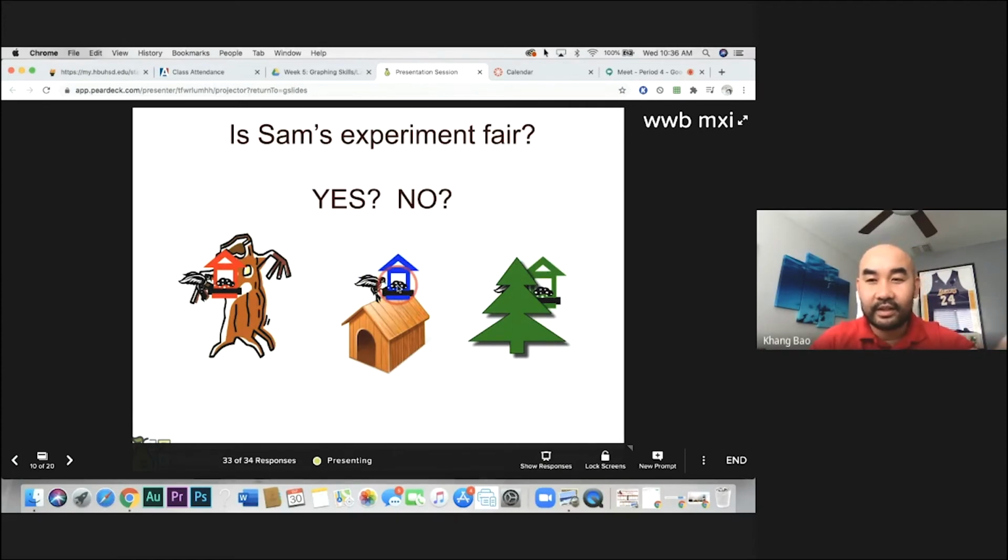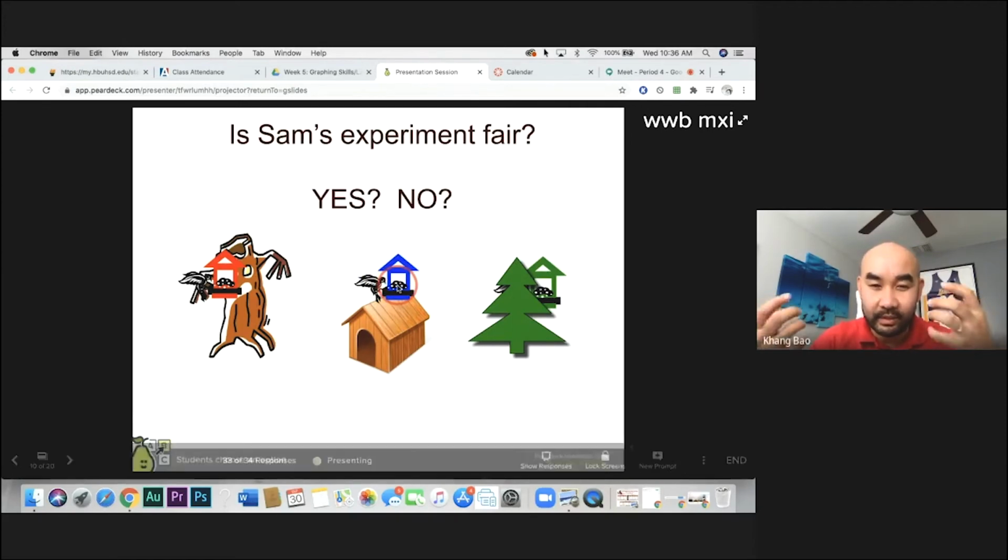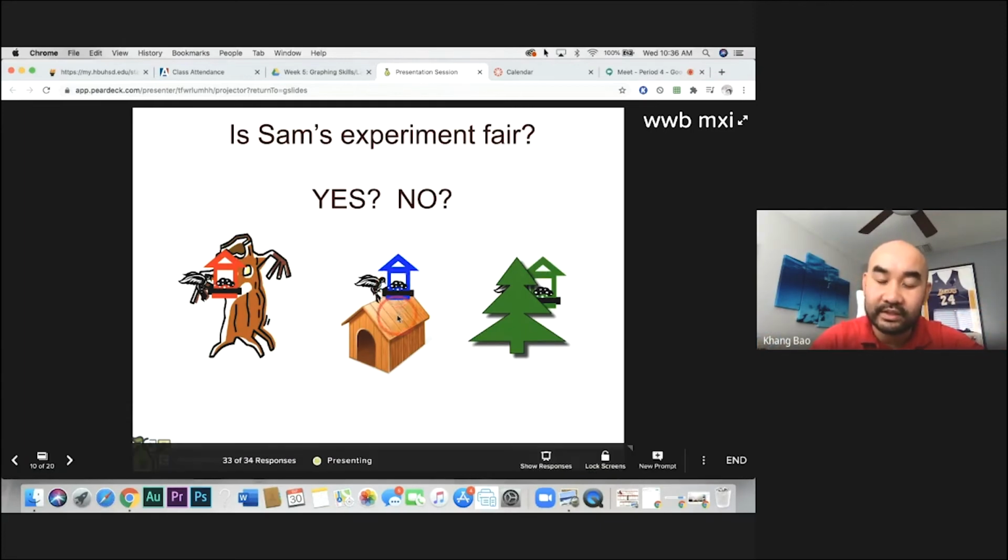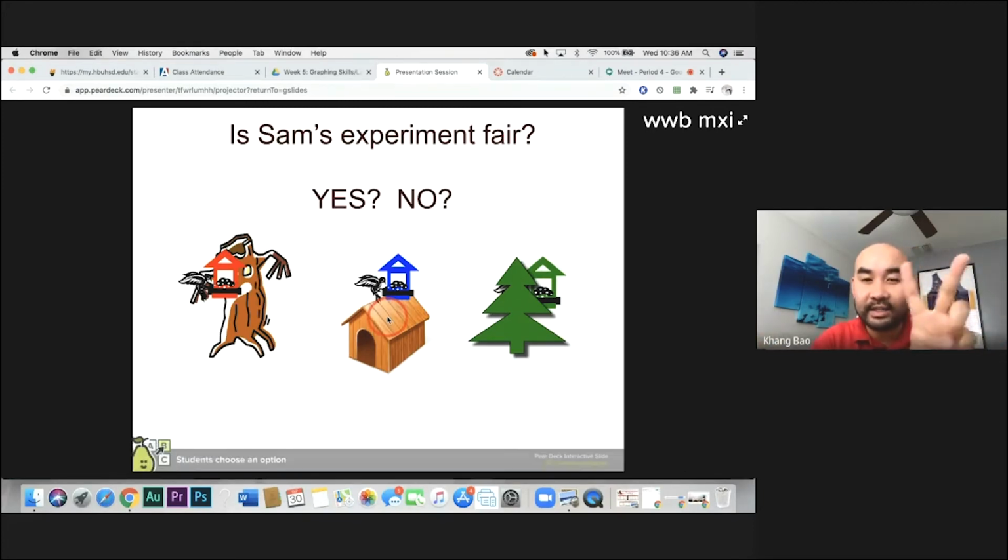Are we sure it is because of the blue feeder that the bird prefers, or is it because of being on top of the dog house that the bird prefers? We wouldn't know that because now you have two independent variables, and that is not a good experiment, right? Because now you don't know which one is the cause of the effect.